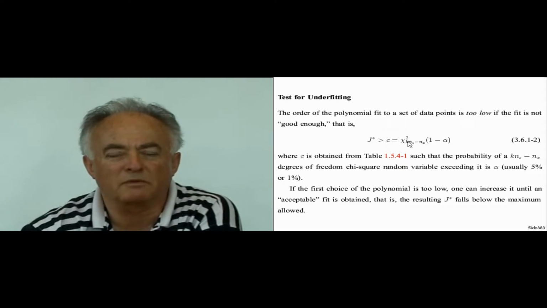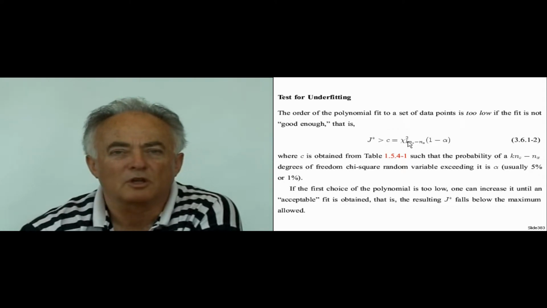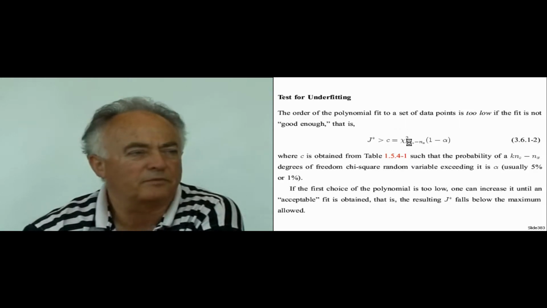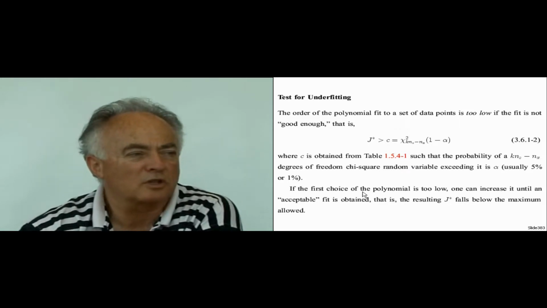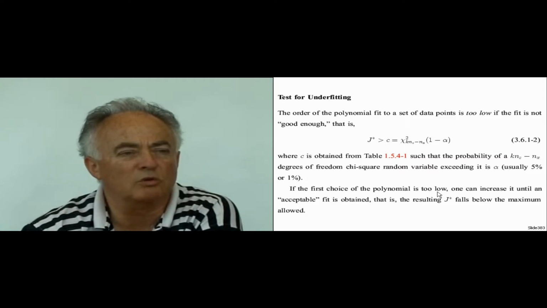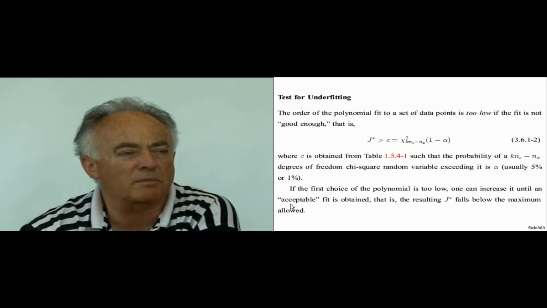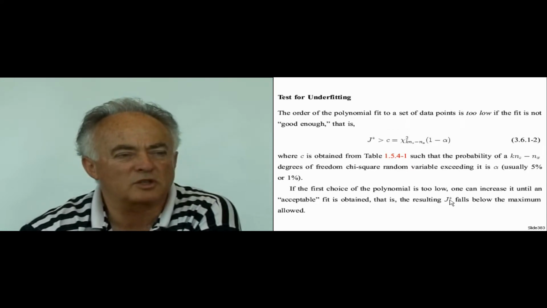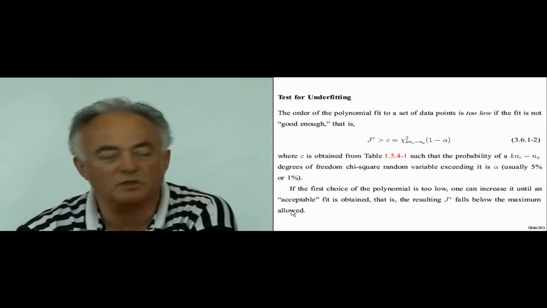You will always have a fitting error because of the noise. The question is, if the noise does not provide a reasonable explanation for the fitting error, then there's something wrong with the model. In this case, if we start with a polynomial that has an order that is too low, you can increase it until an acceptable fit is obtained, namely the resulting J star falls below the maximum allowed. And we'll illustrate this in an example.